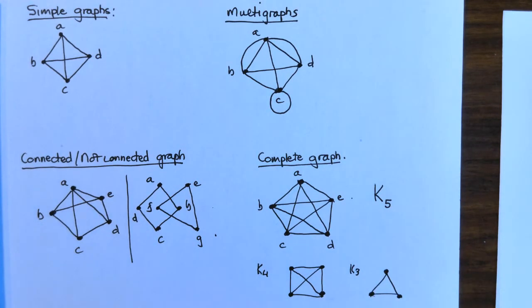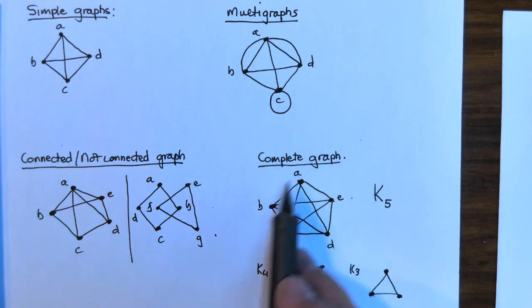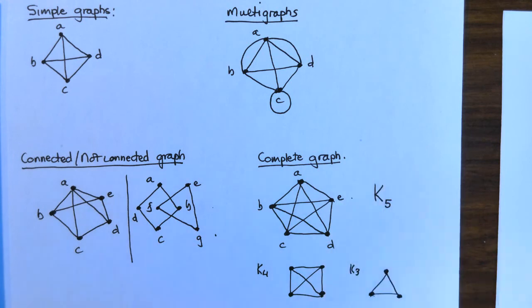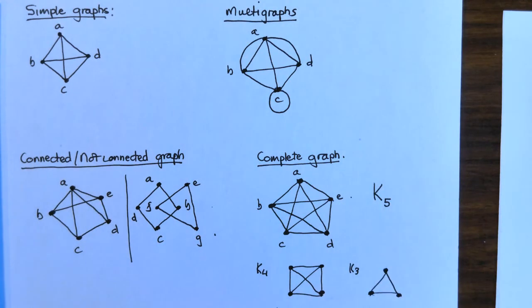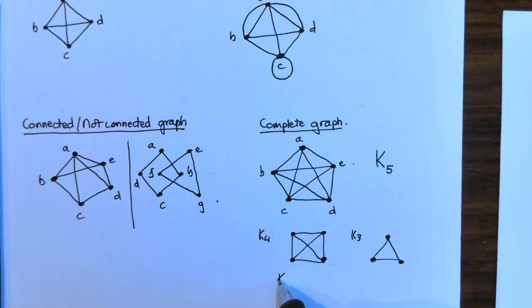Okay, that's what that complete graph would look like. So the special name Kn is the complete graph. If I use the notation Kn, it's the complete graph for a graph that has n vertices in that particular graph.